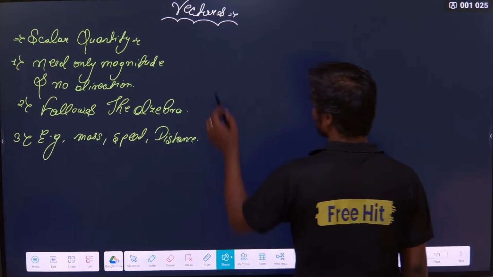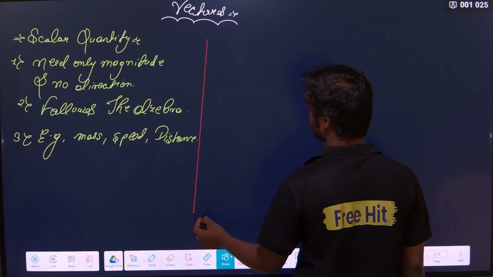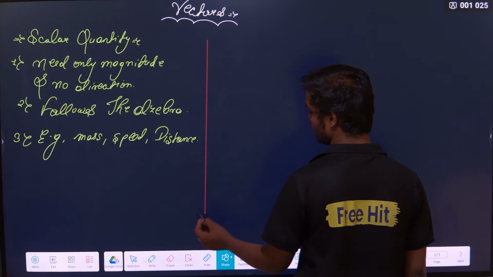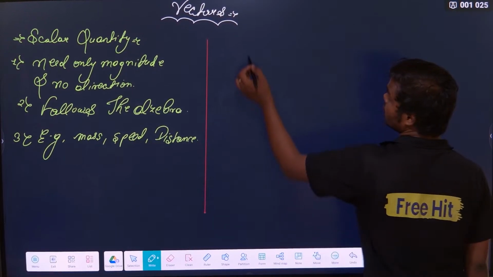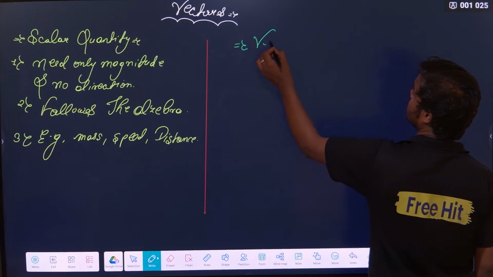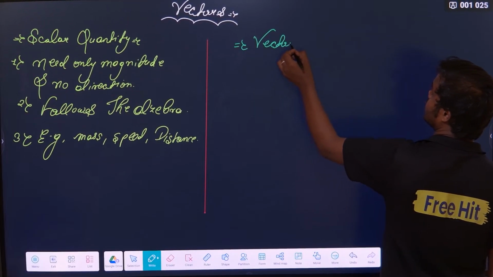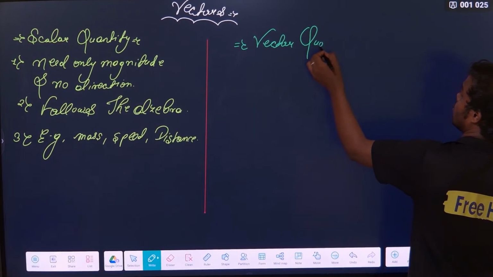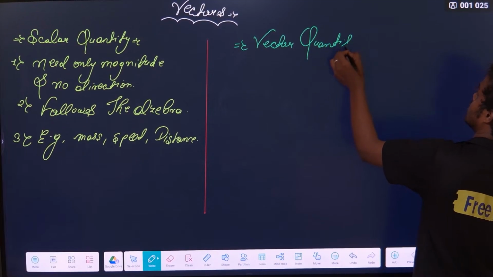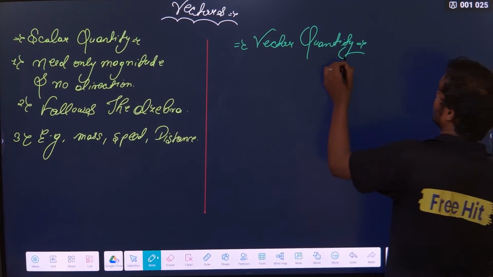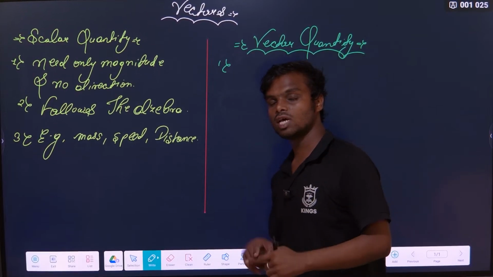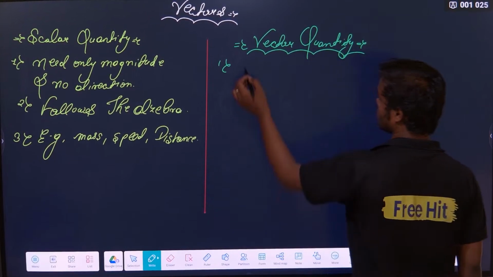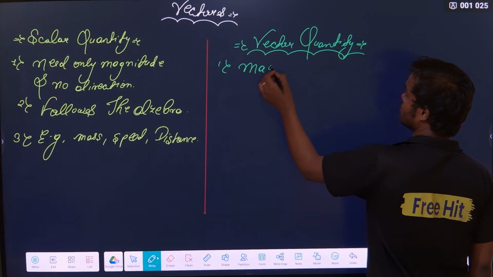Similarly, we have another type of quantity, that is vector quantities. Vector quantities mean, first point, which need magnitude as well as direction.